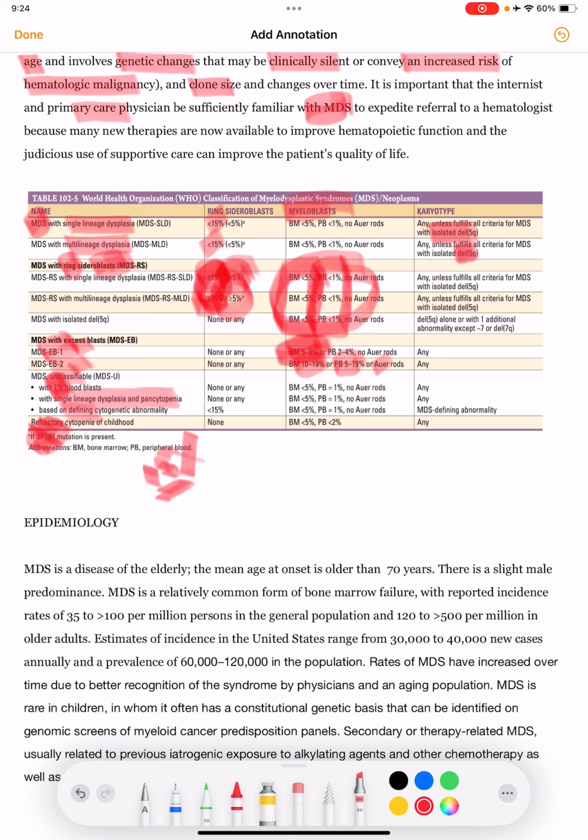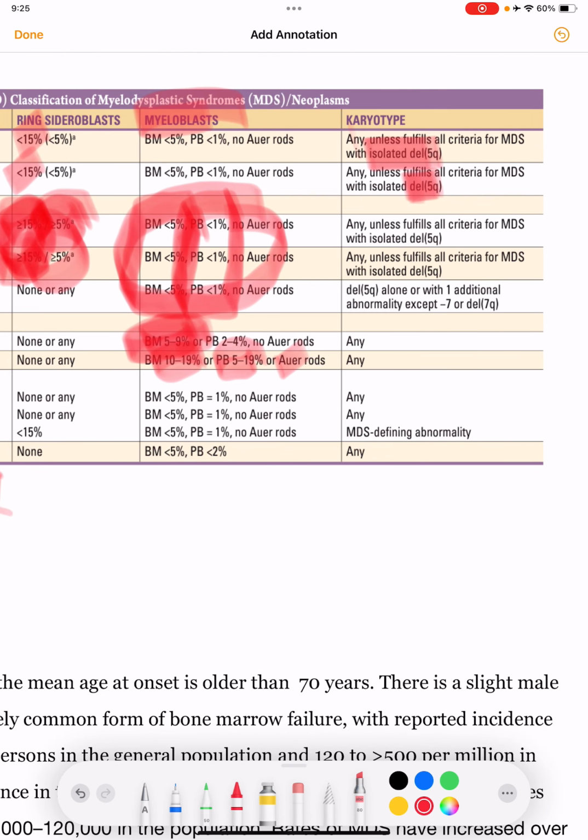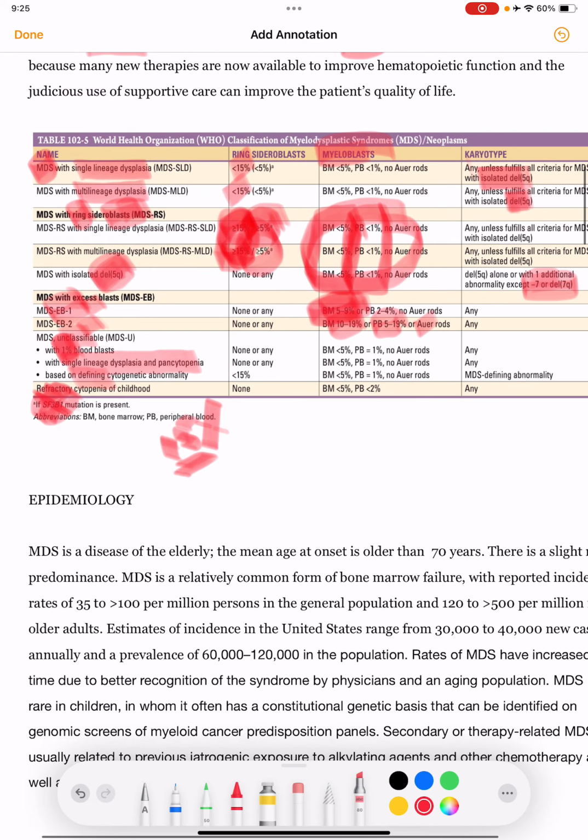Here also we have MDS with isolated deletion 5q: deletion 5q alone or with one additional abnormality except -7 or deletion 7q. So it should not be -7 or deletion 7q. Any karyotype can be present.